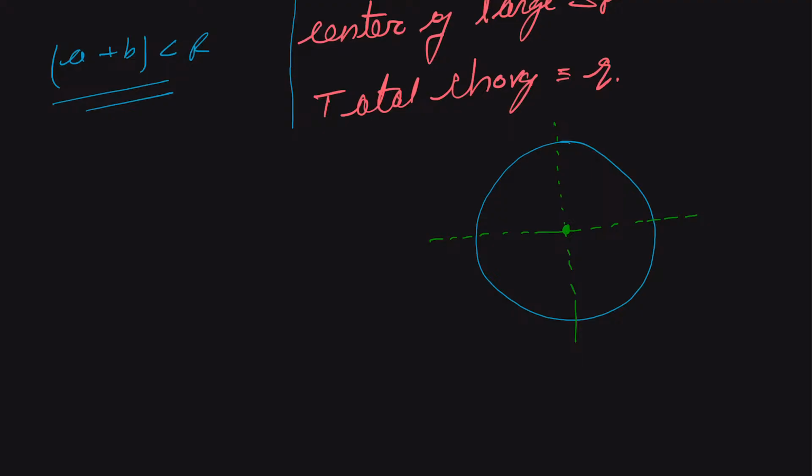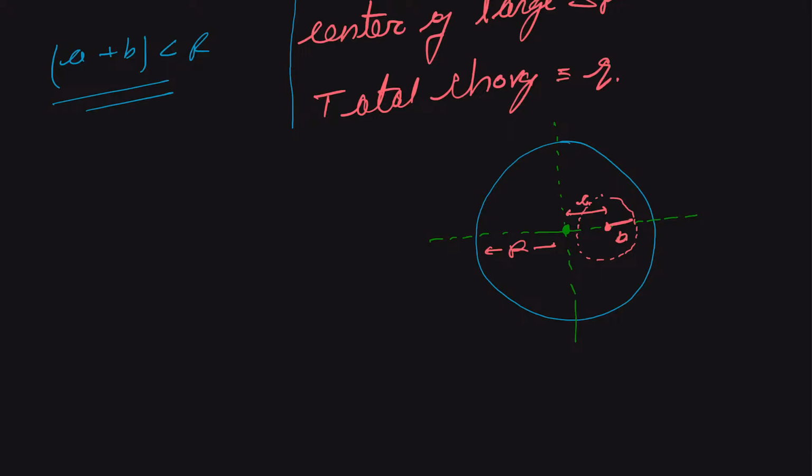Suppose this is point A, so this distance is a, and here we can draw a ball of radius b, and we are given a sphere of radius r. So this is the basic question.